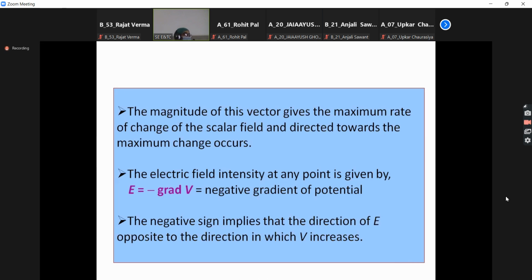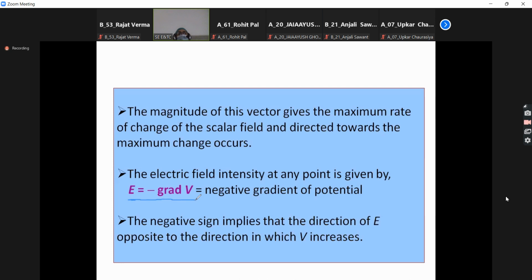Okay, so in our subject, where are we going to use divergence and gradient? Where we are going to use it here: that is this particular equation.